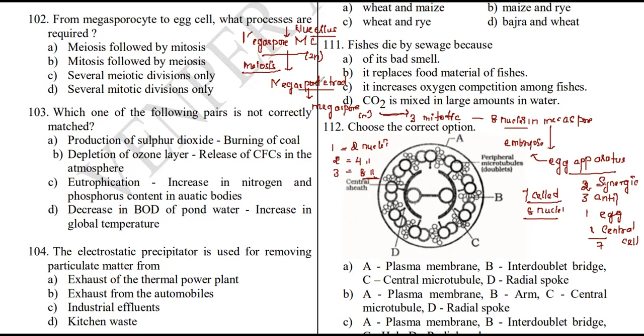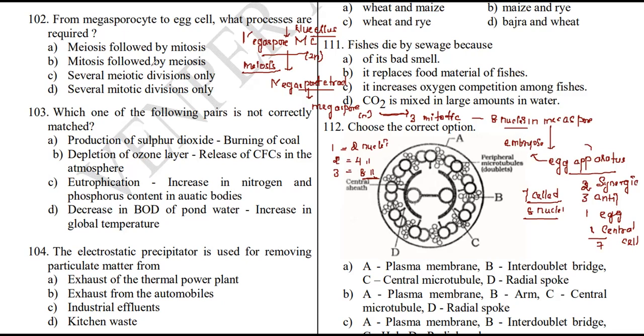Of the megaspore tetrads, three degenerate and one becomes functional, and that one megaspore will undergo three mitotic divisions without any cytoplasmic division. Ultimately, they form 8 nuclei in a megaspore. And these 8 nuclei get organized in an egg apparatus. An egg apparatus has 2 synergids, 3 antipodals, 1 egg and 1 central nucleus. And ultimately, they form the embryo sac.